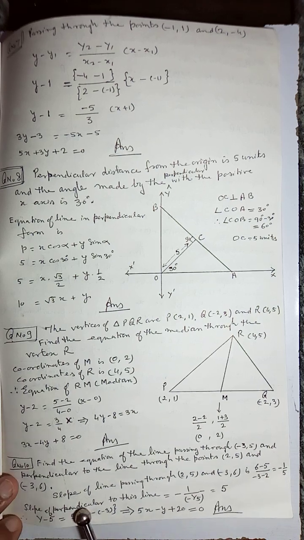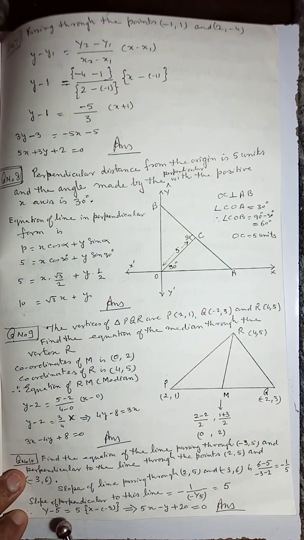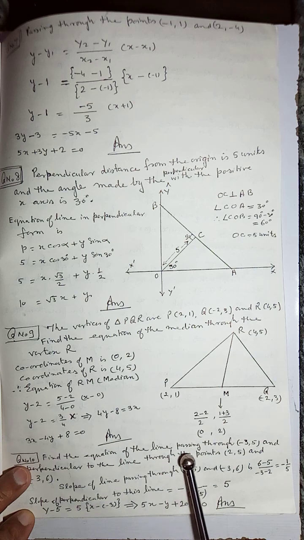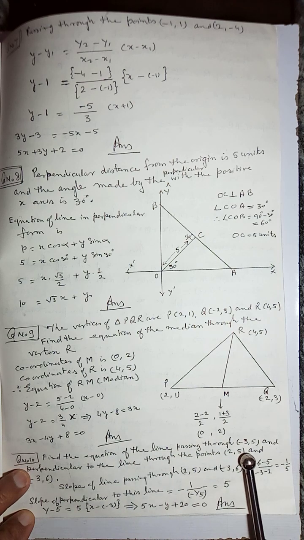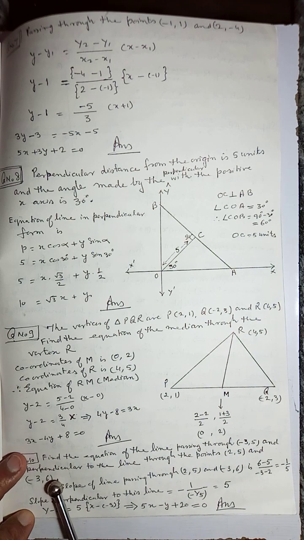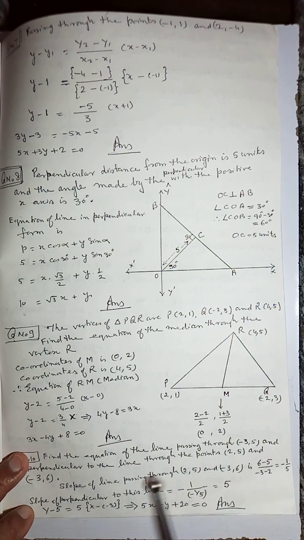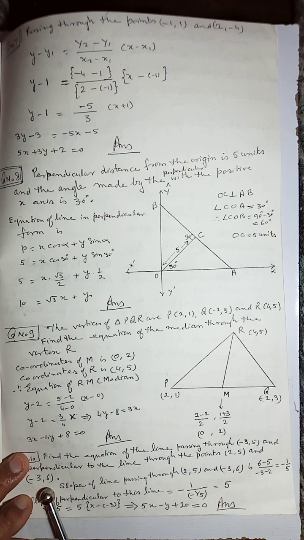So the equation will be, because it is passing through (-3, 5), find the equation of the line passing through (-3, 5) and perpendicular to the line through the points (2, 5) and (-3, 6).